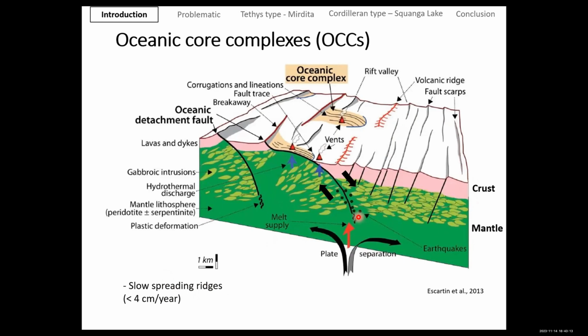Oceanic core complexes allow the mantle to be exhumed near the oceanic surface along detachment faults. They are usually related to episodes of low magmatism to amagmatic episodes along the slow spreading ridges.